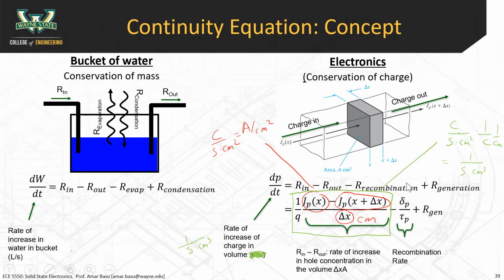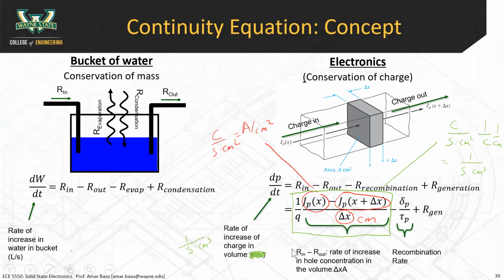So these processes are also going to be similar. The recombination process is equal to sigma p over tau p. This is the definition of the recombination rate. And the units for this also is 1 over seconds per centimeter cubed. So this is the excess carrier concentration, the excess hole concentration, divided by the carrier lifetime for holes.